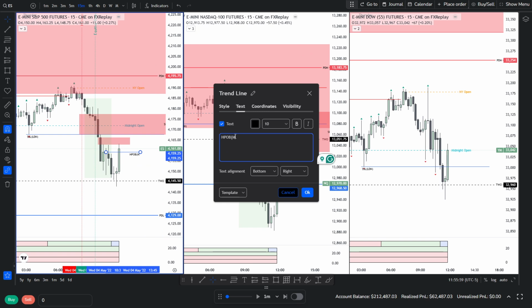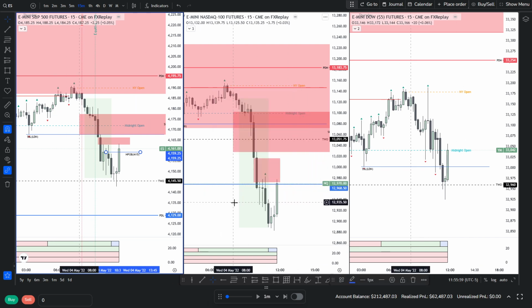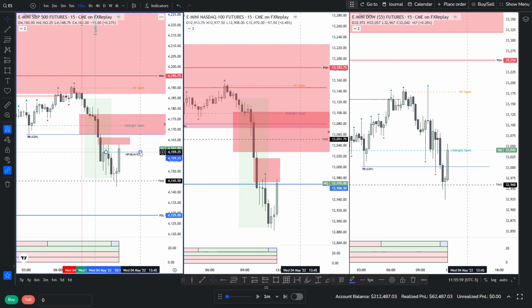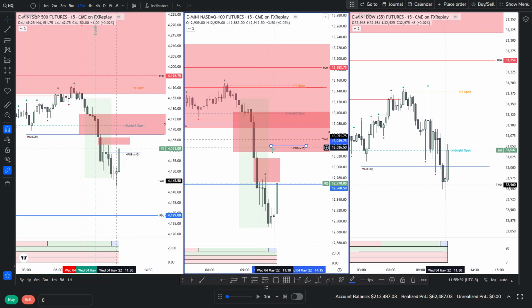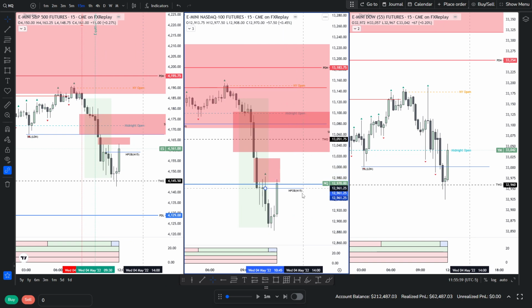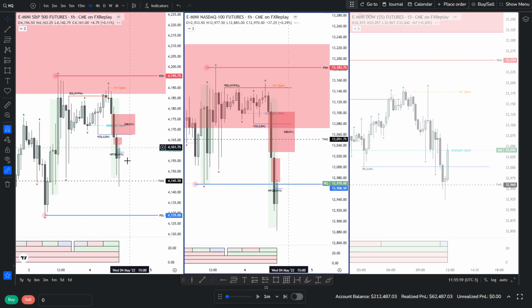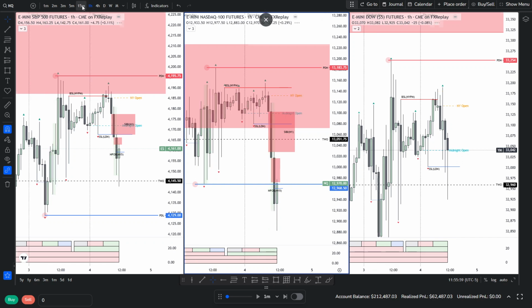Potential. This would be here. Taken out quite a bit of liquidity below the marketplace. Hell, they've taken out the daily.